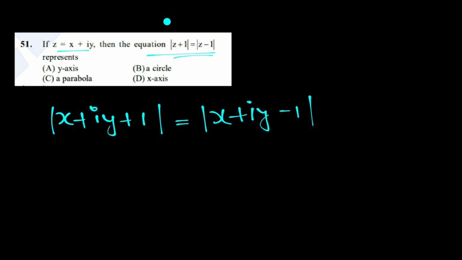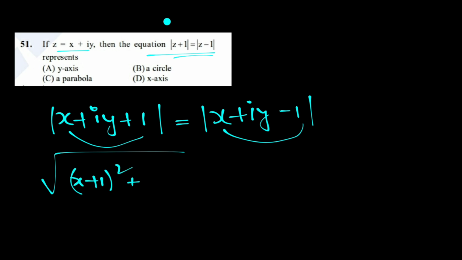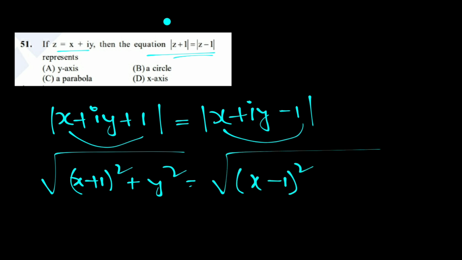So now x plus 1, real parts separate, imaginary parts separate. So how will we find the magnitude? Square root of (x plus 1) whole square, real part square plus imaginary part square. Right side also the same, square root of (x minus 1) whole square plus y square.